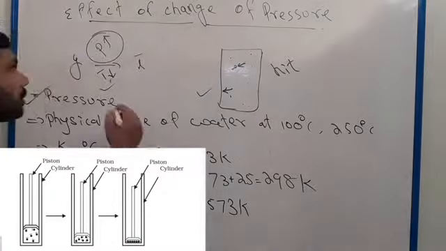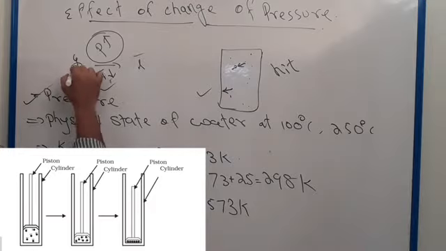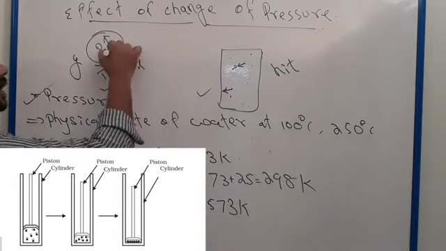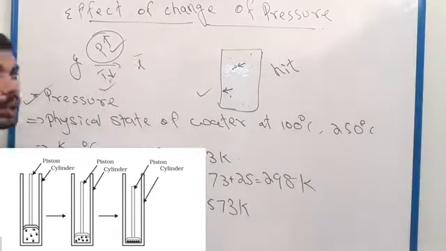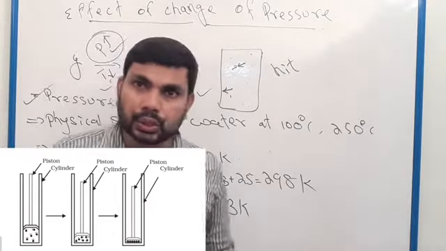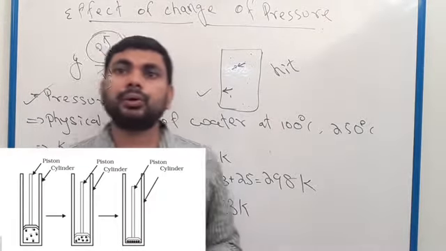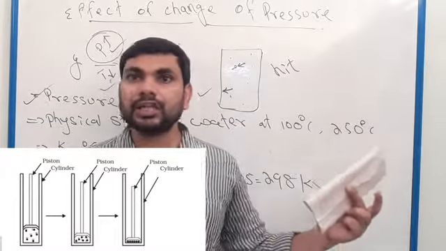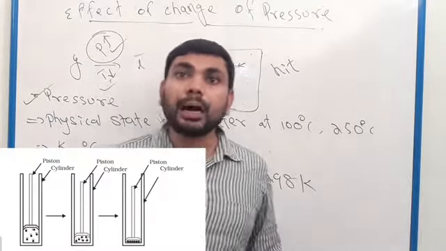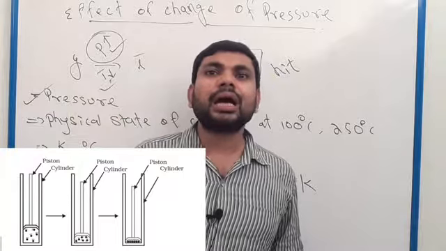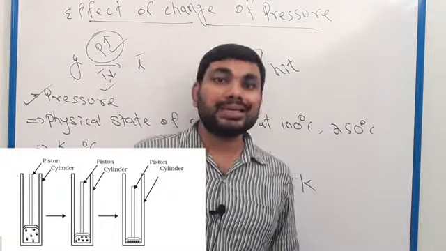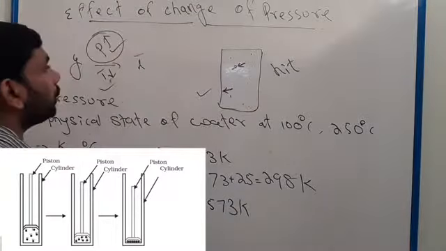What is the condition for this? How can you convert gaseous state to liquid state? At very high pressure and very low temperature. Also, gaseous air we can change to liquid air by applying very high pressure and very low temperature.